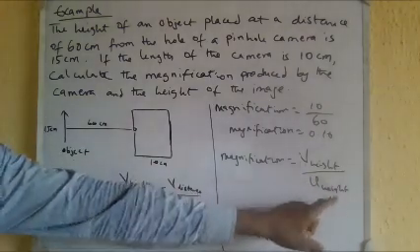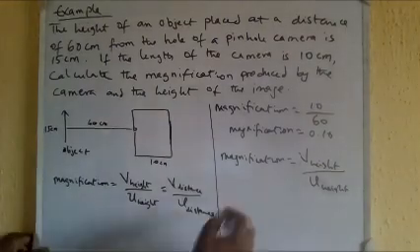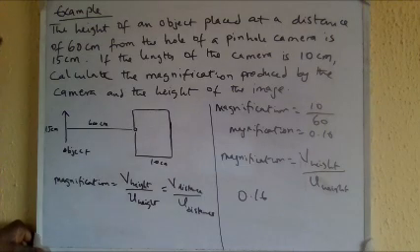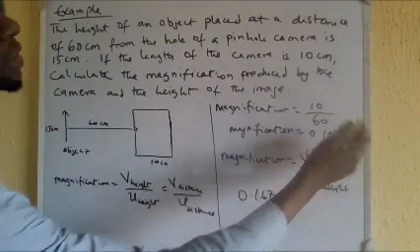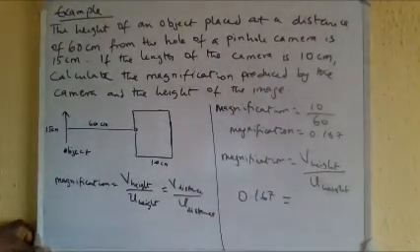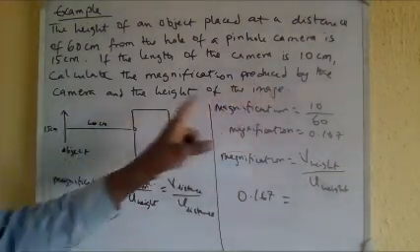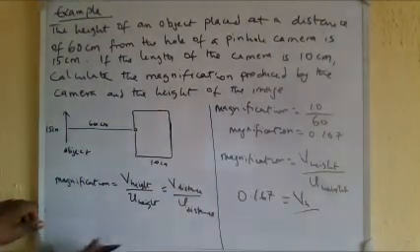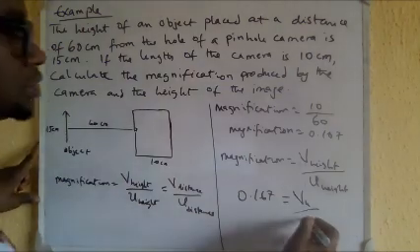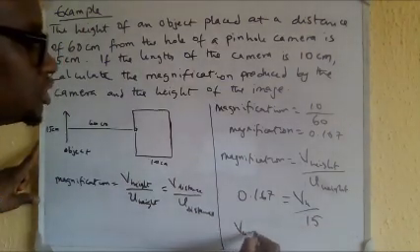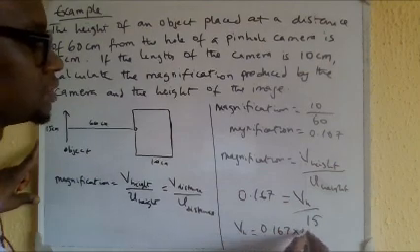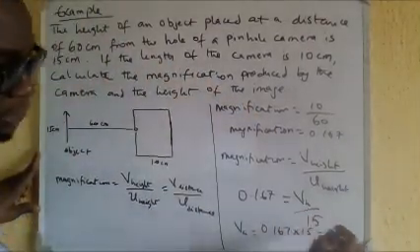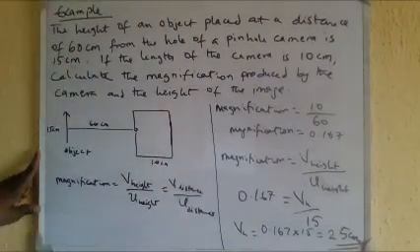So I've already got the magnification as 0.167, by approximation. And I'm looking for the height of the image. So VH is still unknown, but UH is given as 15. So I put 15 down here. VH is equal to 0.167 times 15. Final answer is 2.5 cm. So the image height is 2.5 cm.